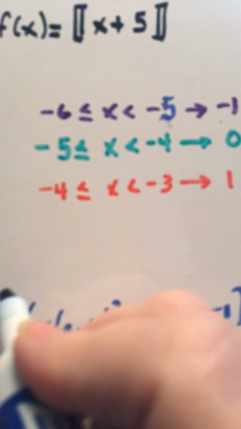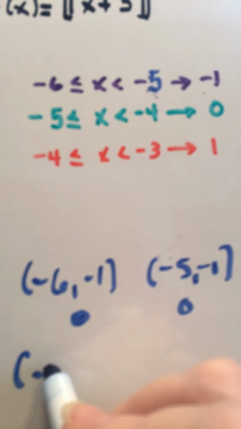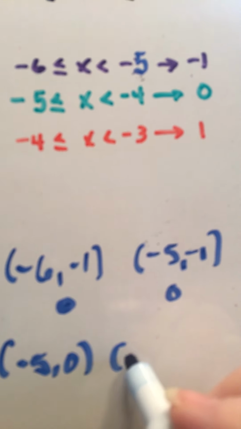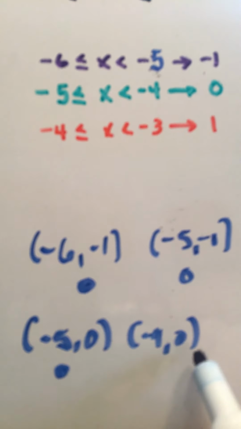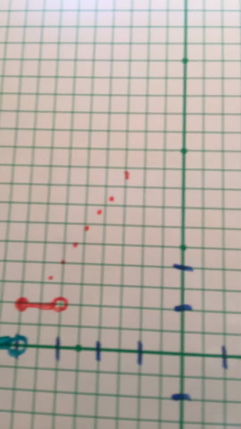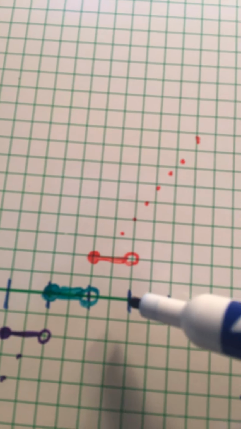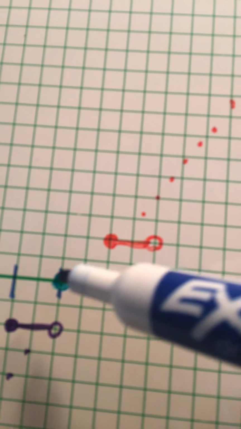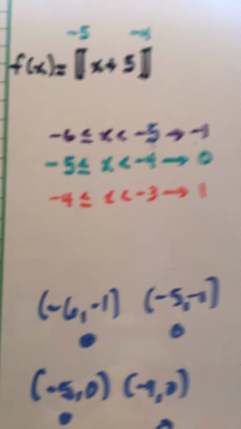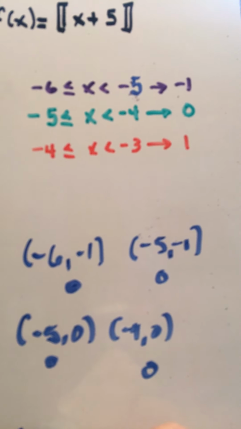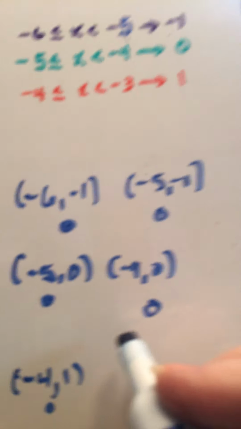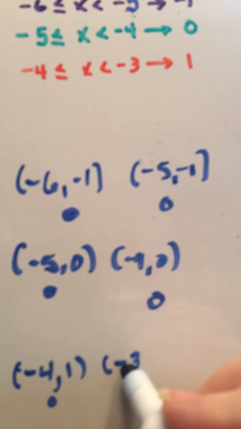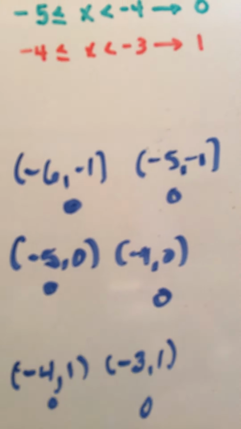The next one, we have (-5, 0) and (-4, 0). And this one's closed and this one's open. So I went 1, 2, 3, 4, 5, and I plotted it, and it's open, and I closed it. For the red one, (-5, 1) closed, and (-4, 1) open.